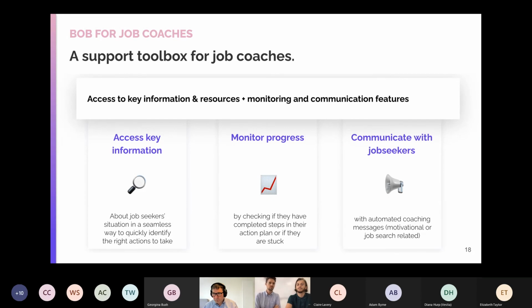First, by giving them access to key information, so the same type of contextualized labor market data, also having access to the diagnostic, the assessment that Bob makes of a job seeker's situation. It also allows them to monitor progress of the beneficiaries, the job seekers they coach, by checking if they have completed their action plan or if they're stuck, and to communicate with them through these automated coaching messages that we've built.